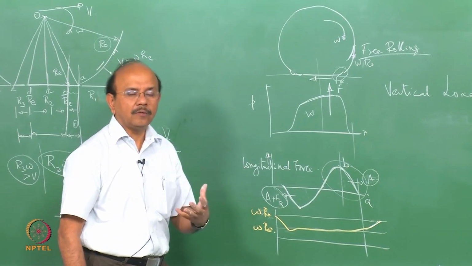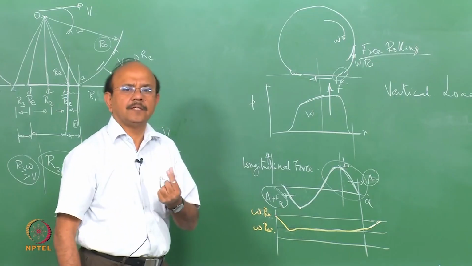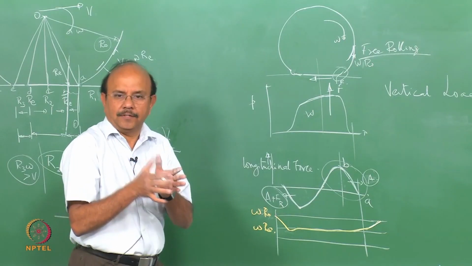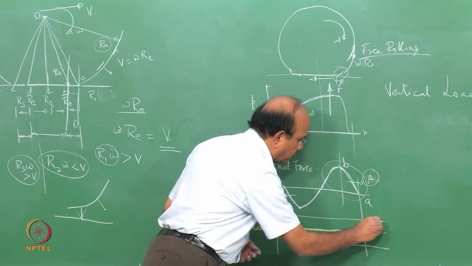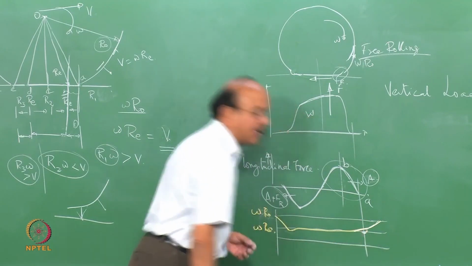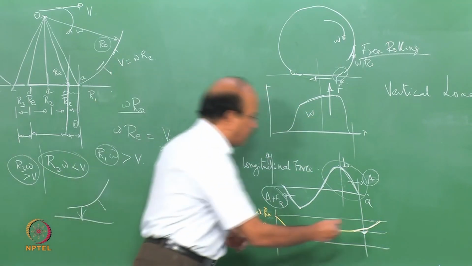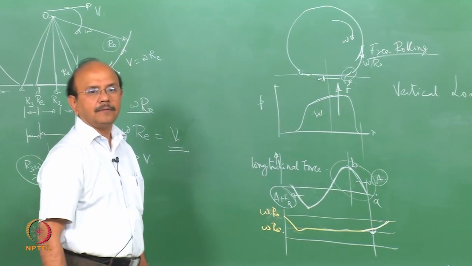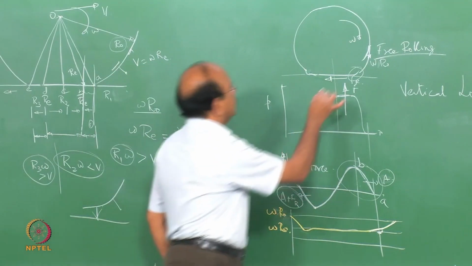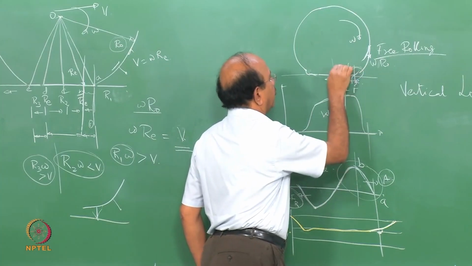When I hit the ground, in fact, for a very small distance, I still keep contracting. So you will see, that's the graph you see. That is the place where I hit the contact patch, but my compression keeps extending till a small region, till say that point.